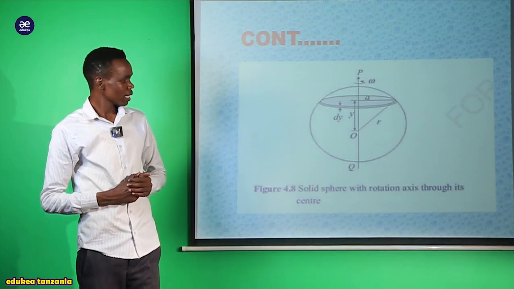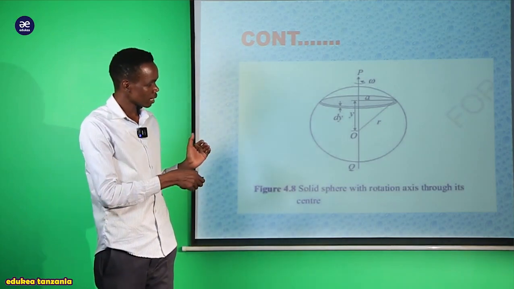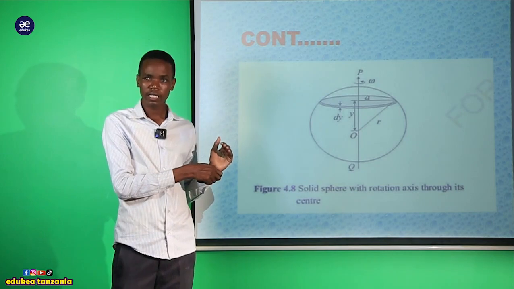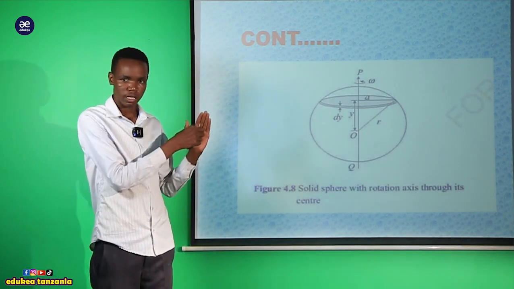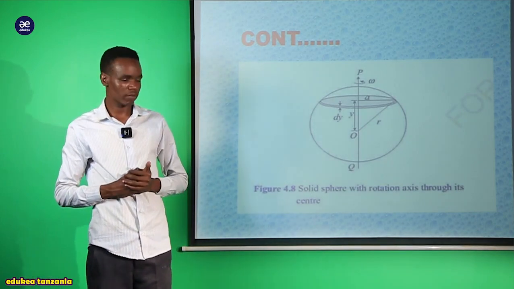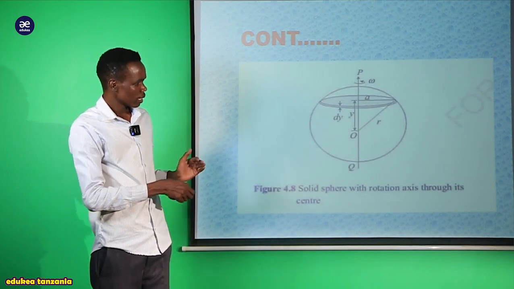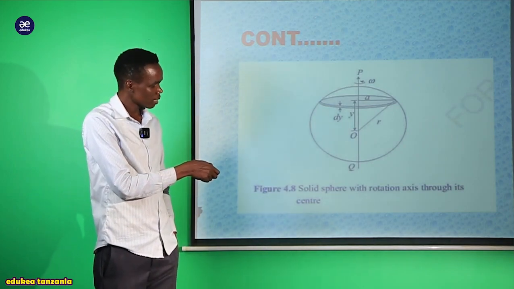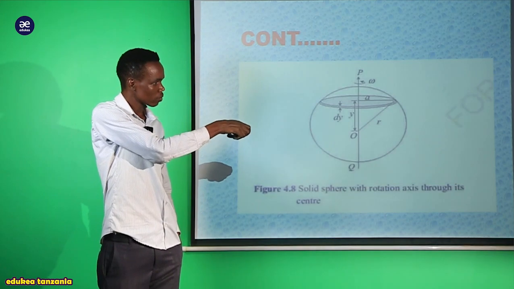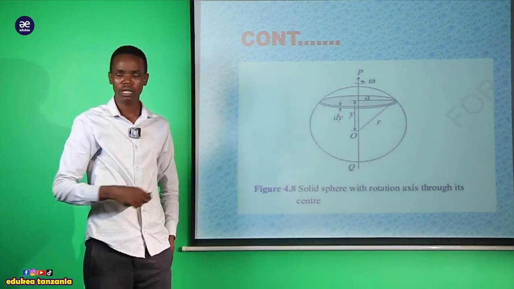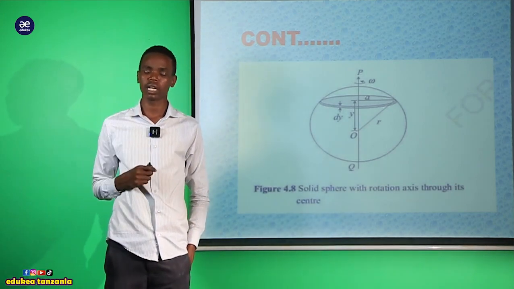And also, my dear student, the sphere has a center that lies on the axis as we observe here. So the distance from the center to the end of the sphere should be equal to r, which implies the radius.